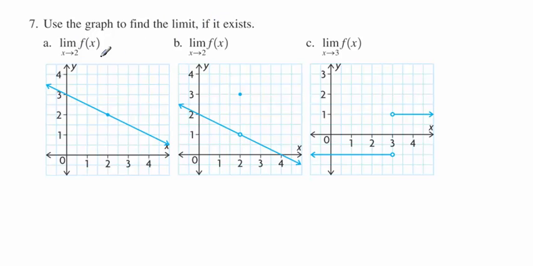Determine if the limit exists at each point. So when x is 2, as we said, this is where x is 2. So what am I approaching as I go along the graph of f at x? I'm approaching this value right here. And again, I don't like the way they keep doing this, putting y values and x values that are the same.